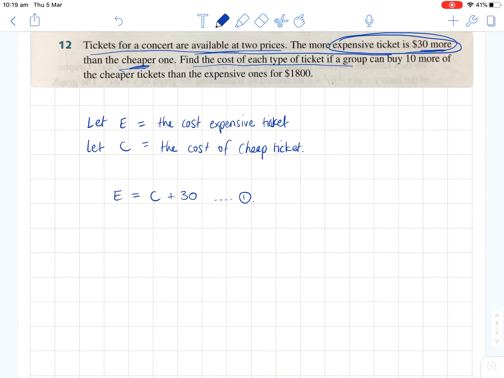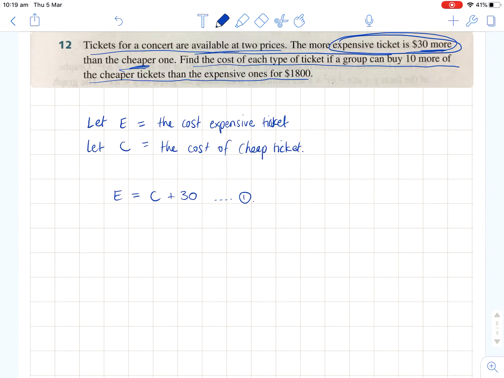Find the cost of each type of ticket if a group can buy 10 more cheaper tickets than expensive ones for $1,800. Now this part got me thinking for a while, and I was having trouble doing it without adding an extra variable.